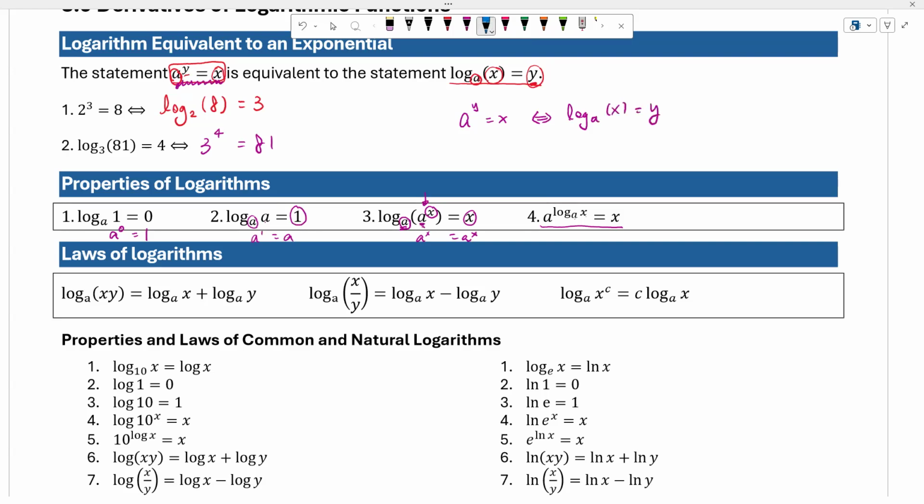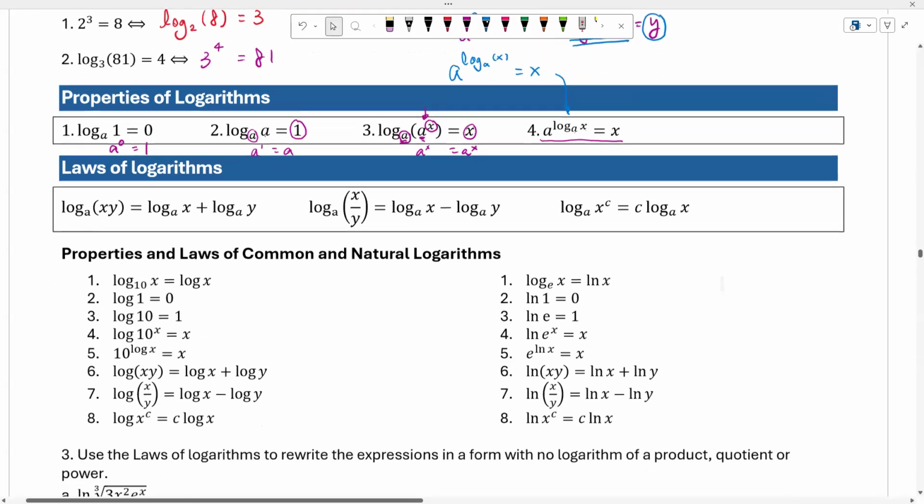In this case, these two y are the same thing. So if y equal to log base a of x, then I could write a to the log base a of x is equal to x. So the last property, number 4, comes from this statement.